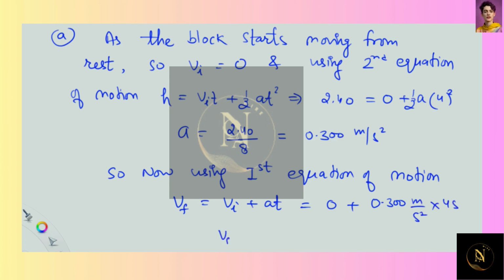So this final linear velocity of the block comes out to be equal to 1.20 meter per second. One of the answers for the first part of this problem.